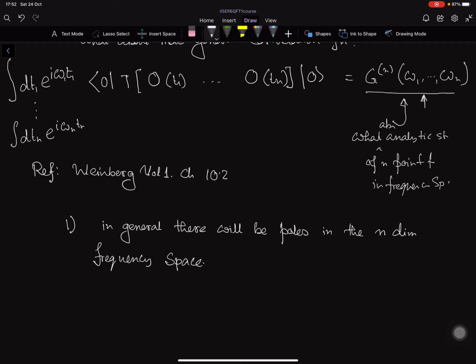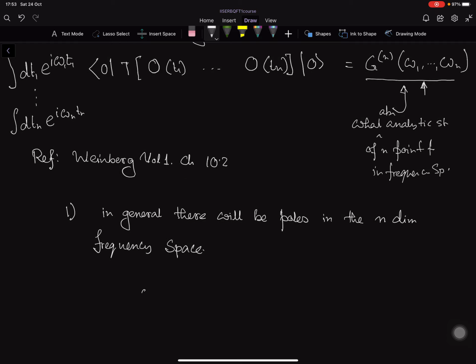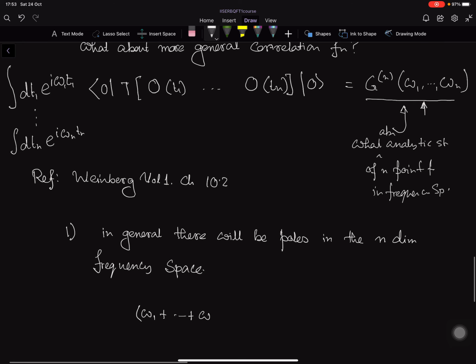I mean, there can be poles of this form. Let's say there is a bunch of them, n, p, q. There can be a pole in a subset of them.